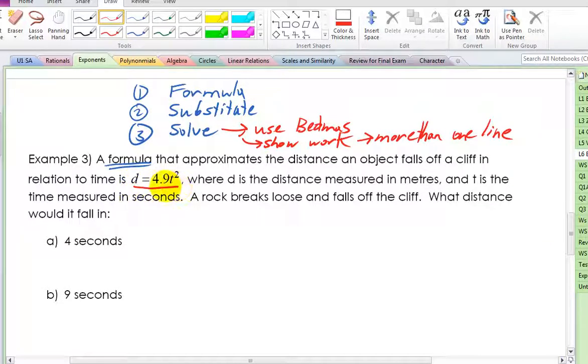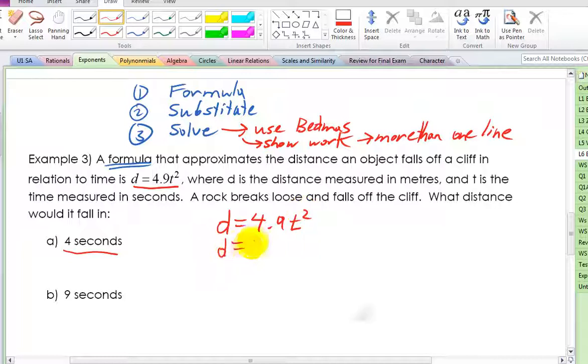So here's our formula. A rock falls at 4.9 times t squared. How far does it fall after 4 seconds? So you start with d equals 4.9 t squared. So if you're having trouble with your textbook work, I want to see a formula, because anyone can write that down. Okay? If you don't write it down, you didn't really start the question, in my view.